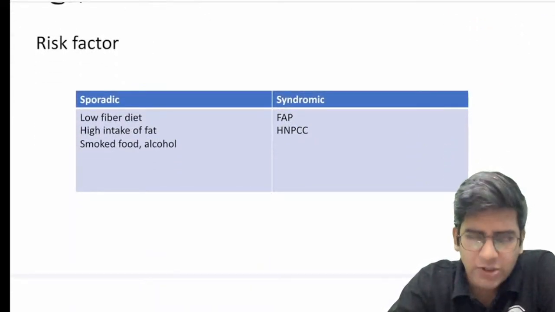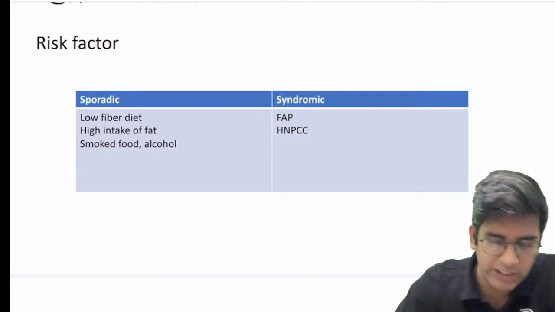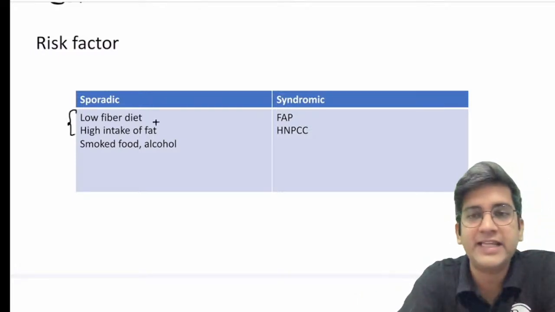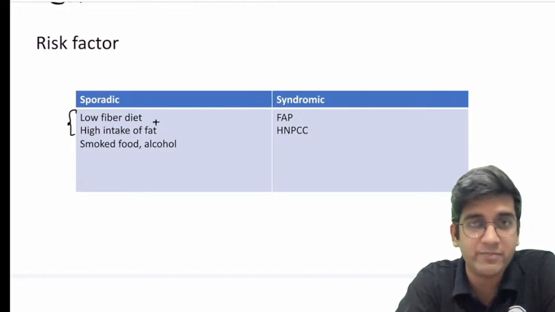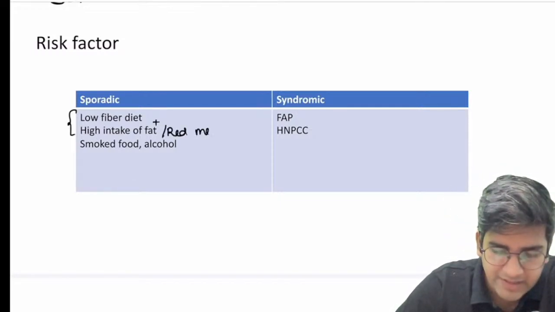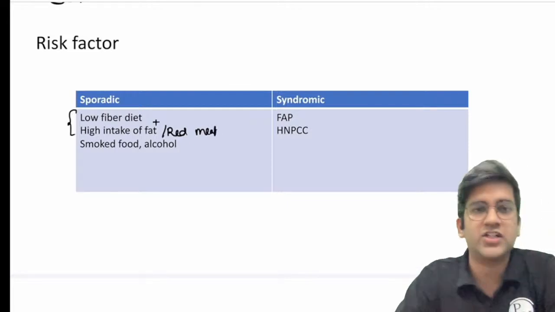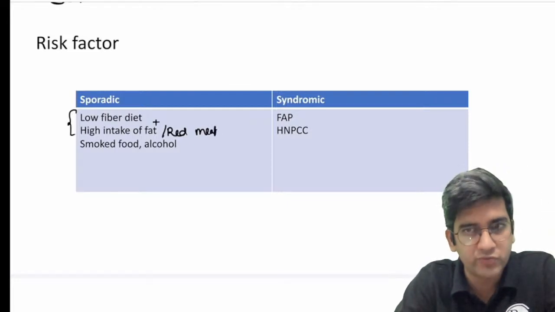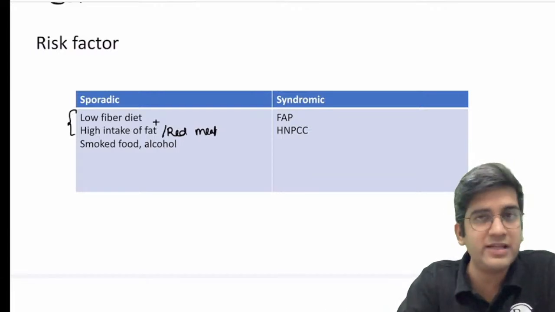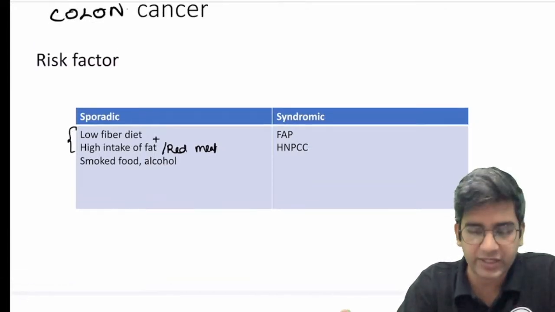That's one. Alcohol is not the primary risk factor for colonic carcinoma. This combination of low fiber diet plus a high intake of fat, especially red meat, you can write red meat itself, right? Red meat is the most important risk factor for colonic carcinomas. Smoked food also. Alcohol will definitely be a stimulant. It's not the primary reason. It can definitely have an additive effect, right?